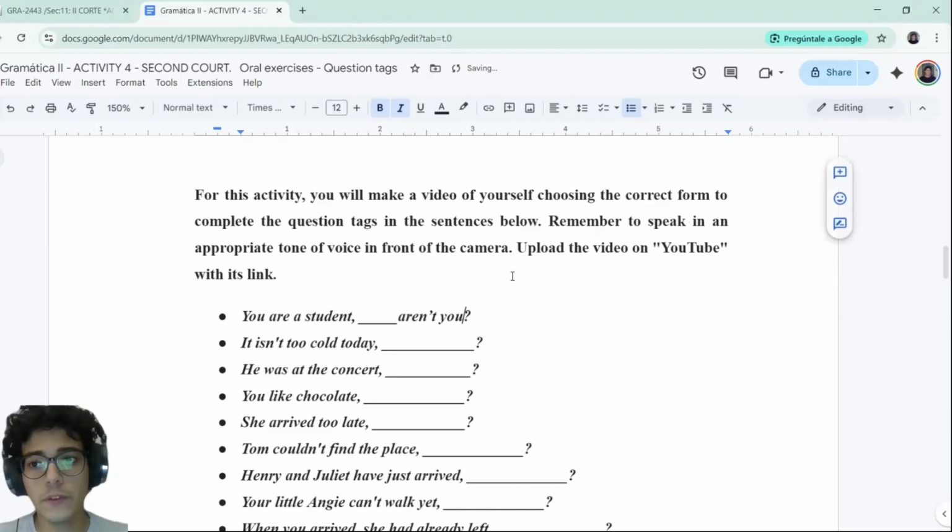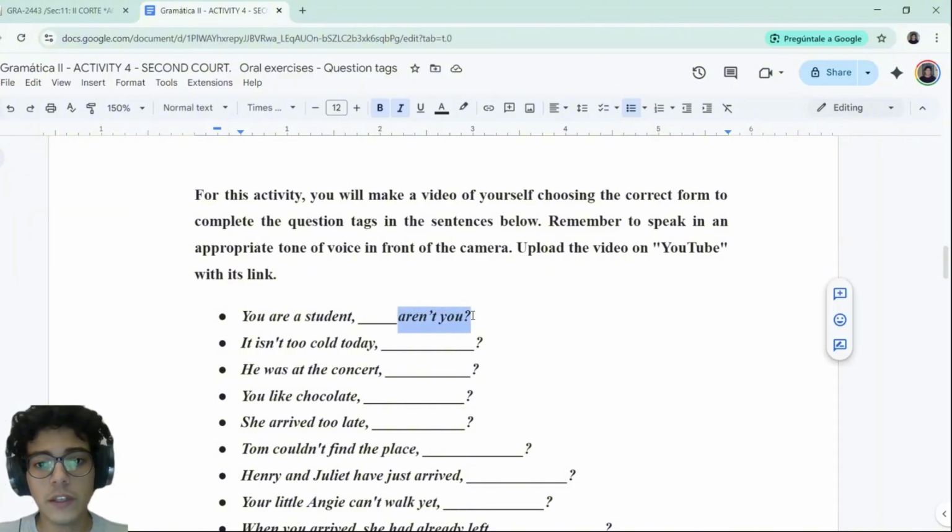Two things very quickly to clarify about this: question tags are mostly used in spoken exchanges, so we are very frequently going to use contractions.